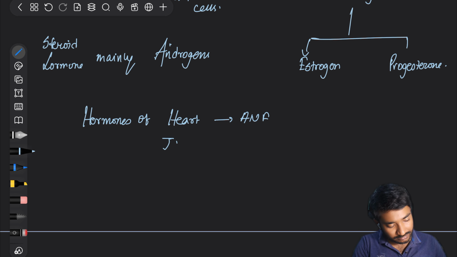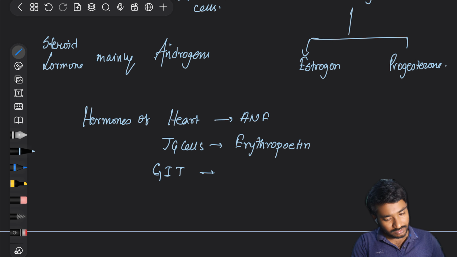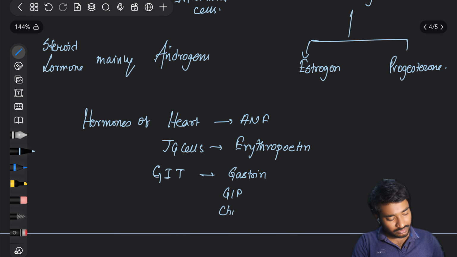From the JG cells of the kidney, we secrete erythropoietin. From the GIT, gastrointestinal tract, we secrete gastrin, GIP, that is gastric inhibitory peptide, cholecystokinin, secretin, the first hormone discovered, and several growth factors.